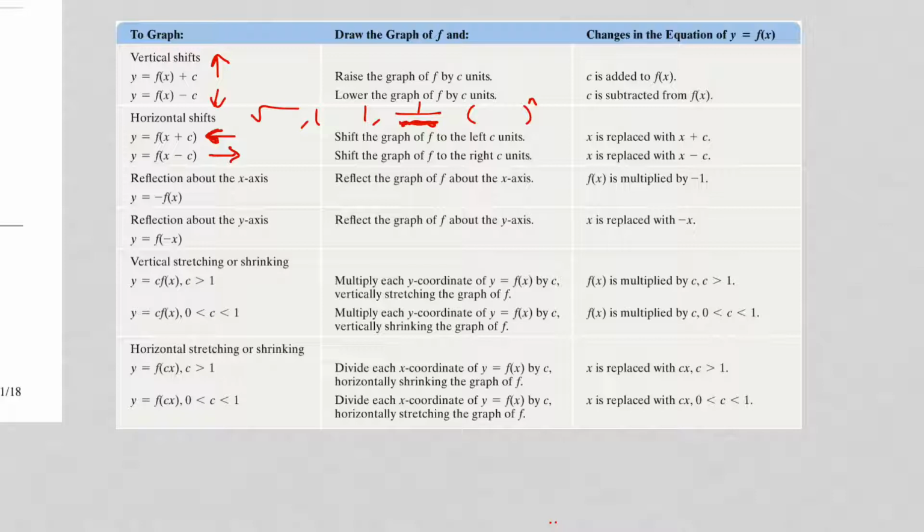Reflection about the x-axis. This is true if you do not move the center, or the vertex. If you don't do any horizontal or any vertical shifting, then this is true, reflected around the x-axis.